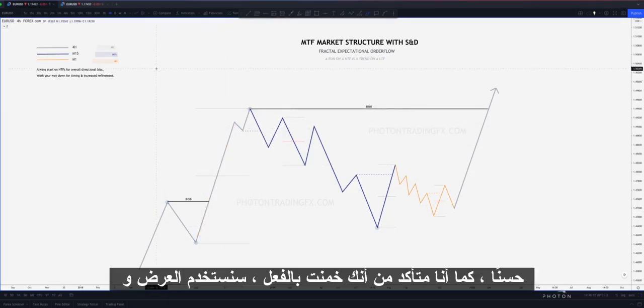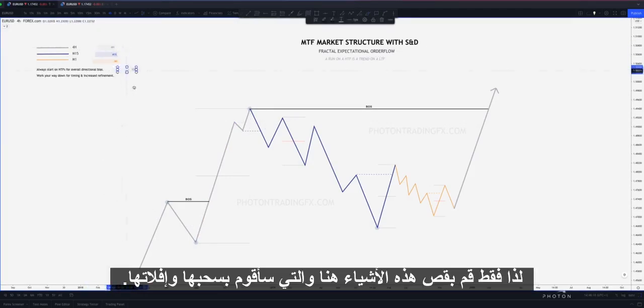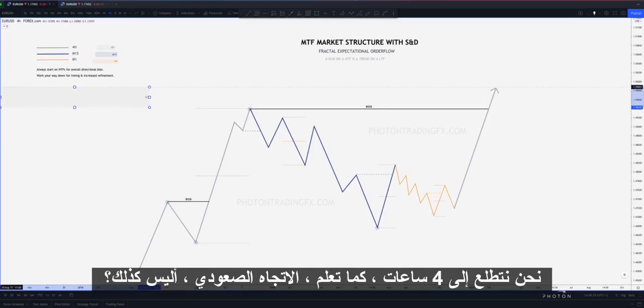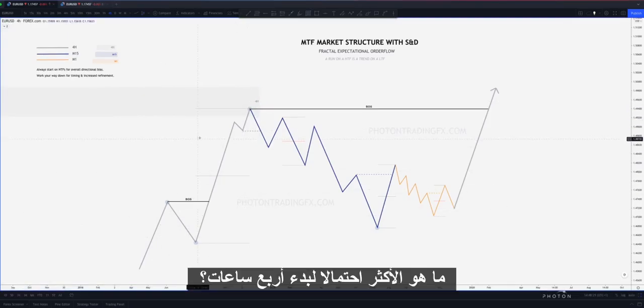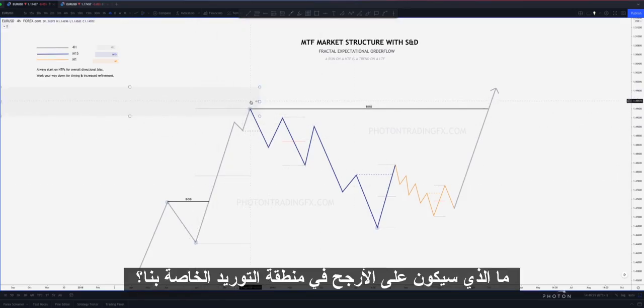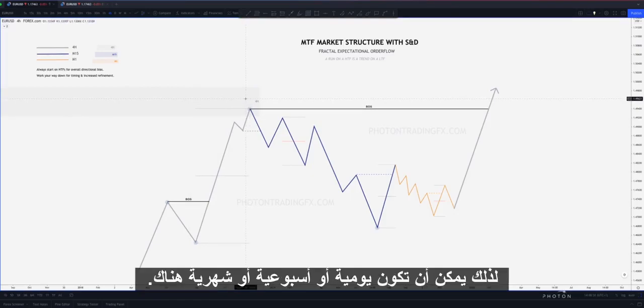Well, as I'm sure you've already guessed, we're going to use supply and demand. So I've just got these up here, which I'm going to drag and drop over. In this case, we're looking at a 4-hour bullish trend, with this big thick line. So very typically, what is most likely going to initiate a 4-hour pullback? Well, it's most likely going to be a 4-hour area of supply, a 4-hour or higher. So it could be a daily, a weekly, a monthly.